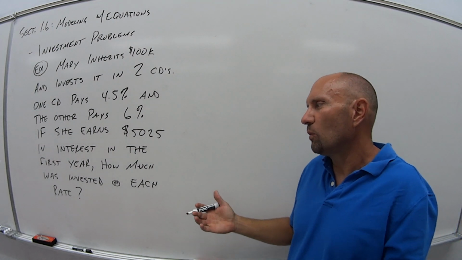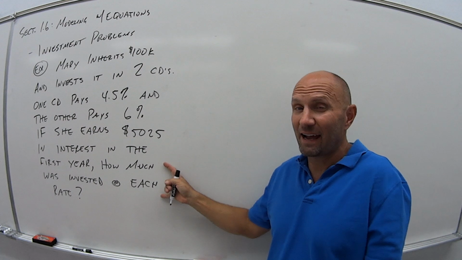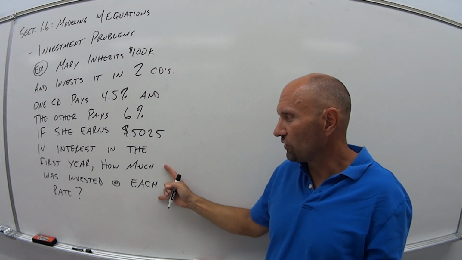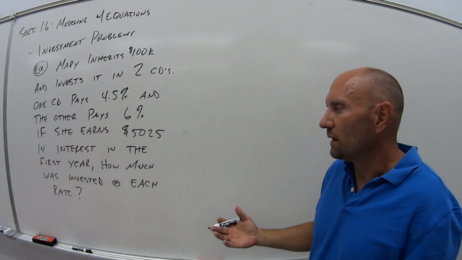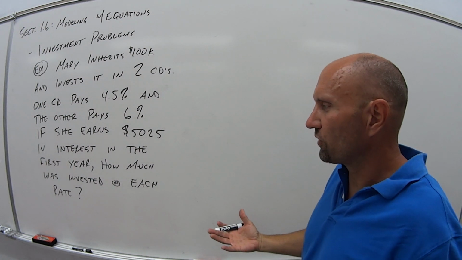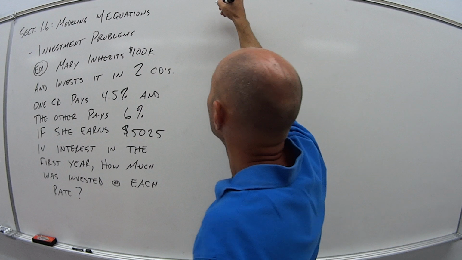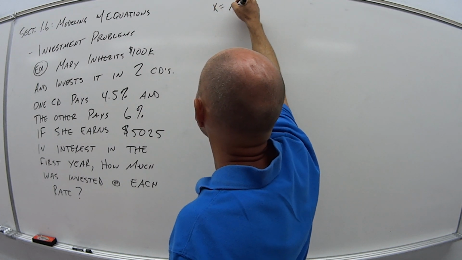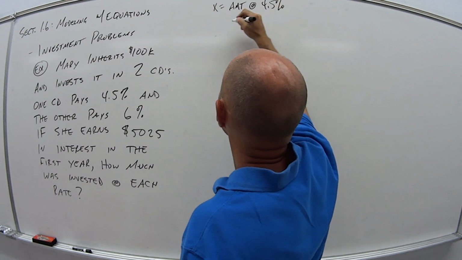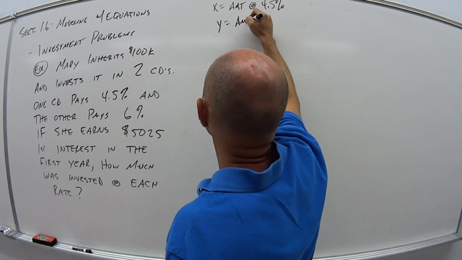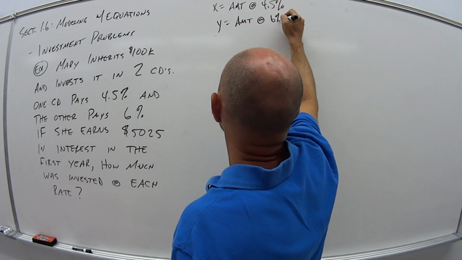Once we have an idea what's going on, then we want to look to the last sentence usually. How much is invested at each rate? So then what you want to do is write yourself some variables. Let's say X is the amount at 4.5% and Y is the amount at 6%.